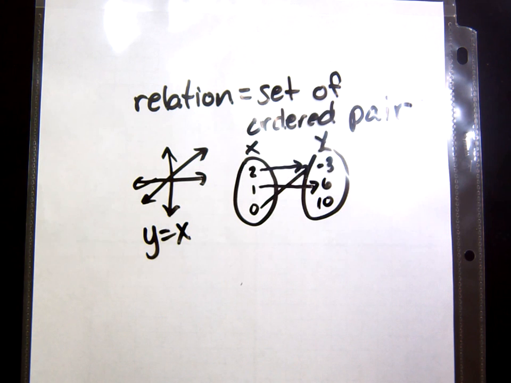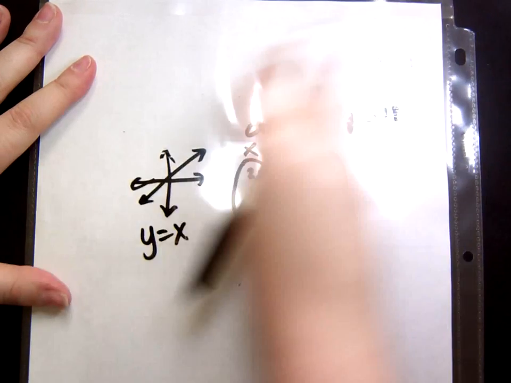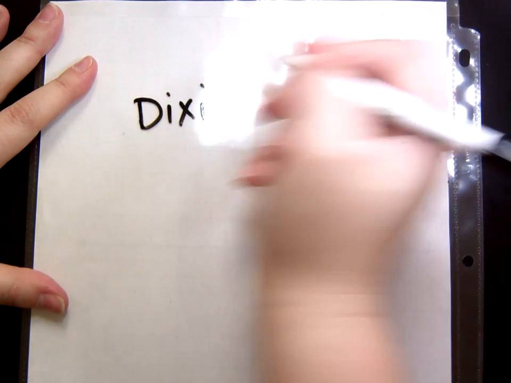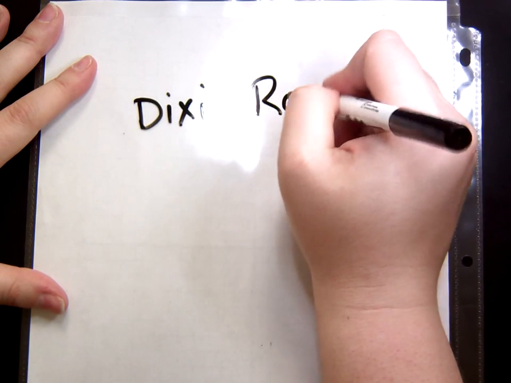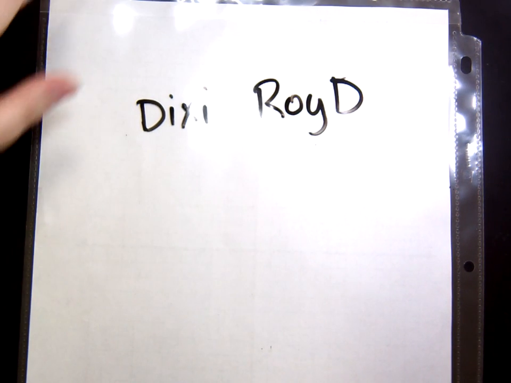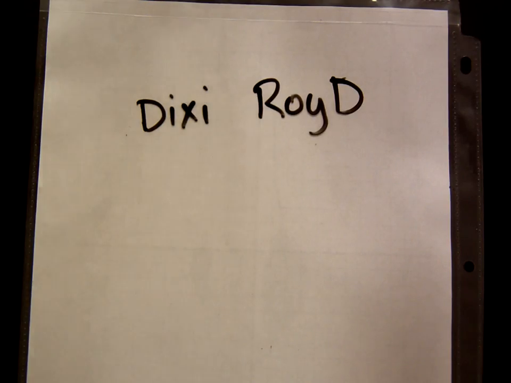Now, when you are looking at a relation, there's certain things that you can tell about it, like its domain and its range. Now, there is a little mnemonic device called Dixie and Roy D to help you remember what your domain and range go with.